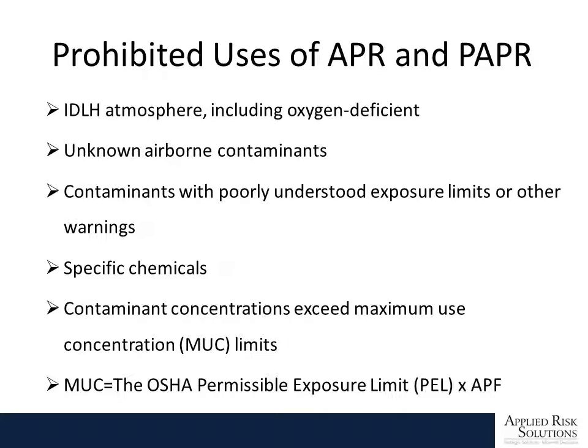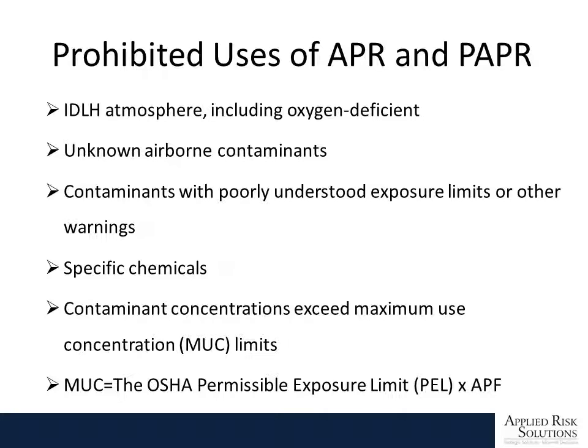Prohibited uses of APR and PAPR respirators, of course, are IDLH atmospheres and unknown air contaminants. If you don't know what it is, you can't pick a respirator because you won't know what the protection factors are going to be. Also prohibited are contaminants with poorly understood exposure limits or warnings. Some chemicals are just flat out, there is no respirator that will work for them.